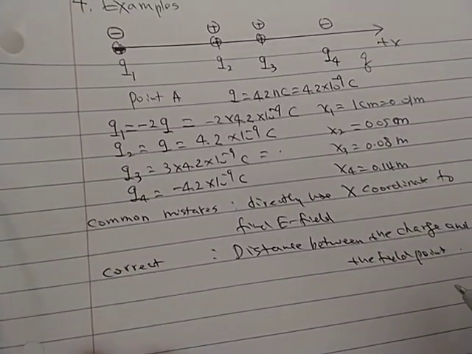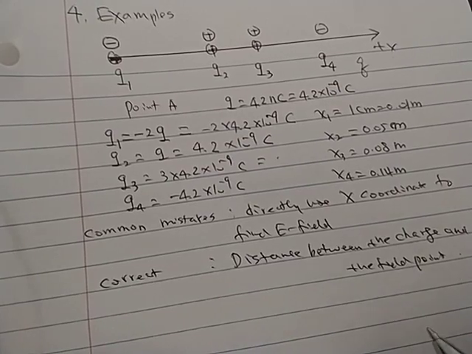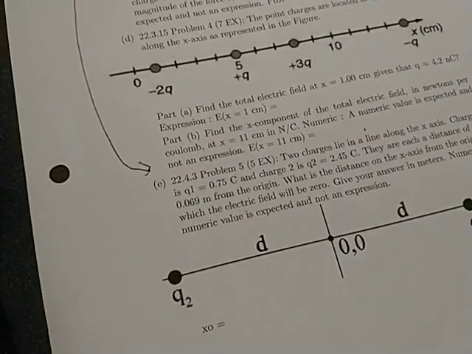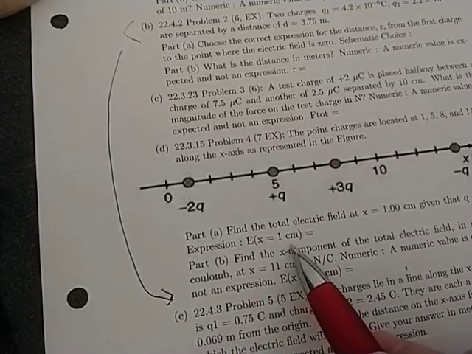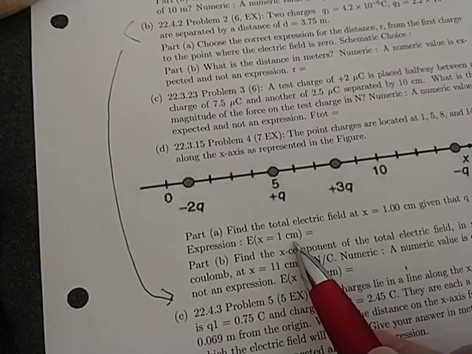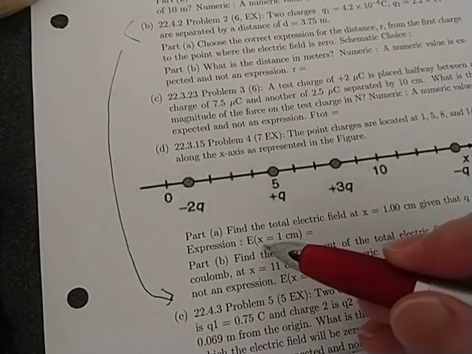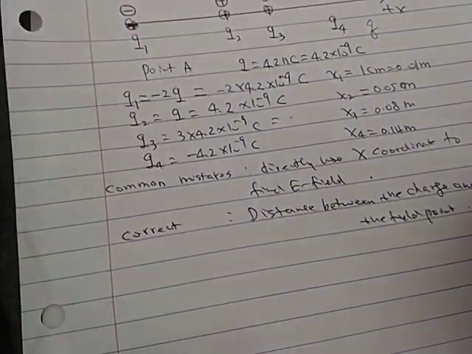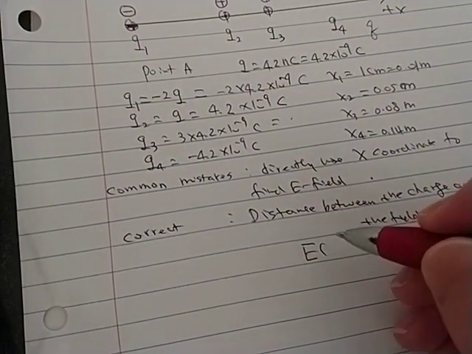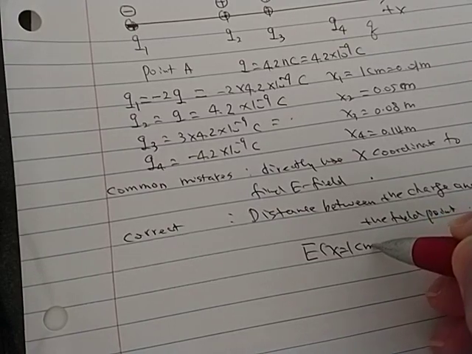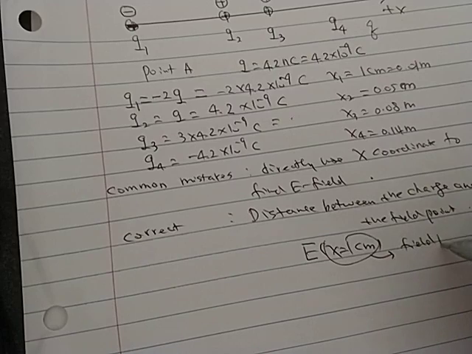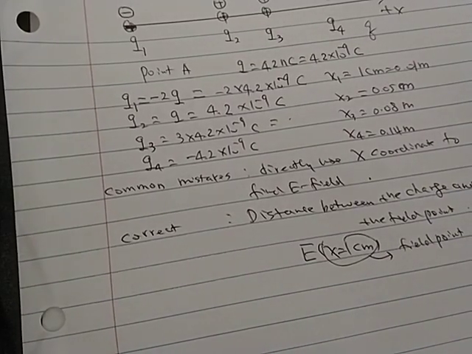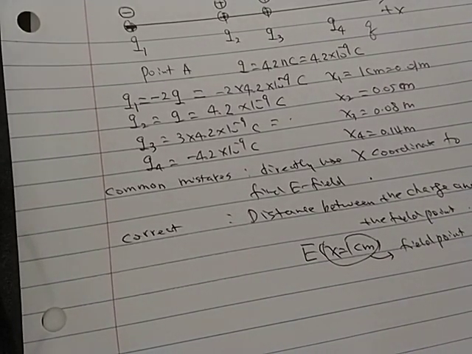So you need to find out where the point we are looking for is. If you read this problem again, you notice that we're looking for the electric field at x equals 1 centimeter. That is where the field point is. This is called the field point, in other words, E at x equals 1 centimeter. Okay, so this is where you're looking for the field point.